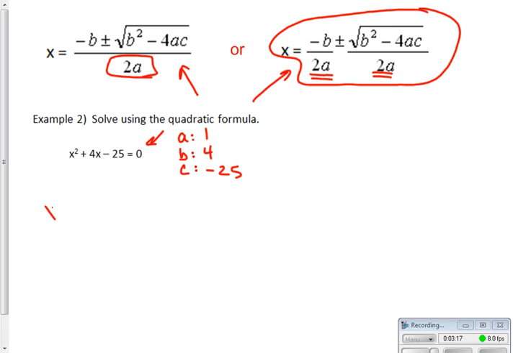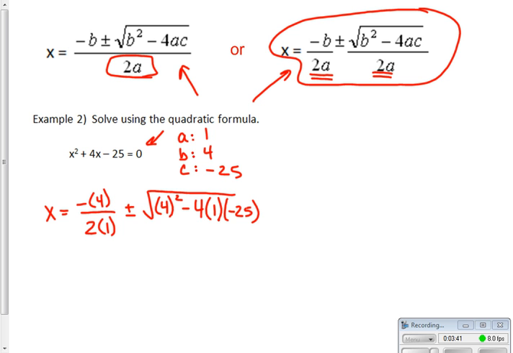So you have x equals negative b, so in for b is 4, divided by 2a, a is 1, plus or minus. Inside my square root here, I have b squared, so I have 4 squared minus 4ac, so a is 1, c is negative 25, and that is over 2a, so 2 times 1.